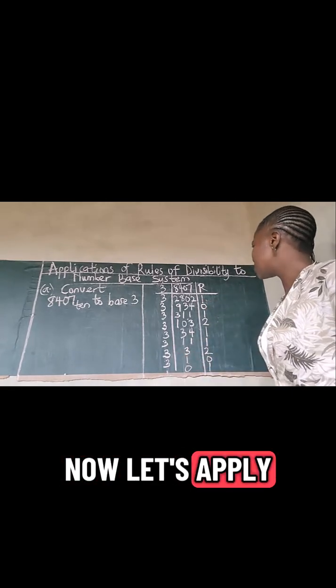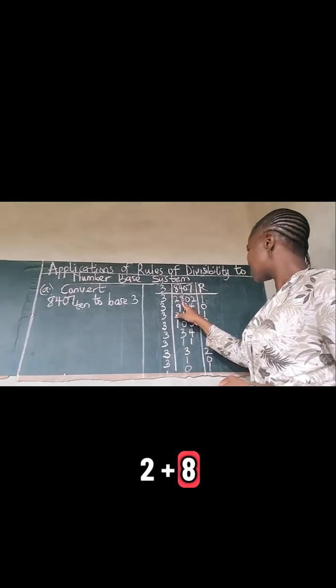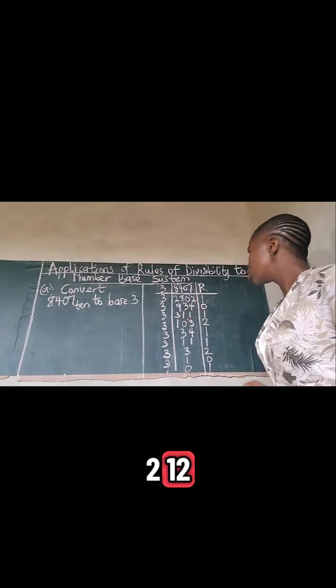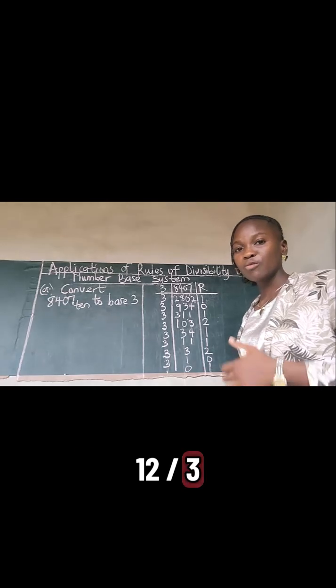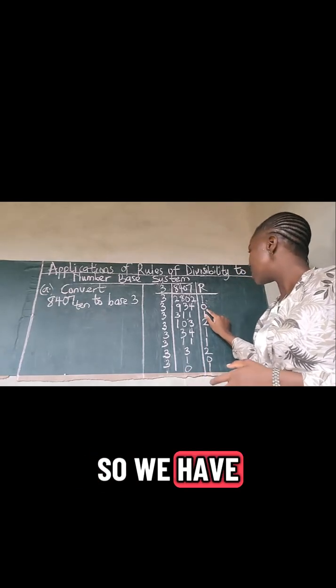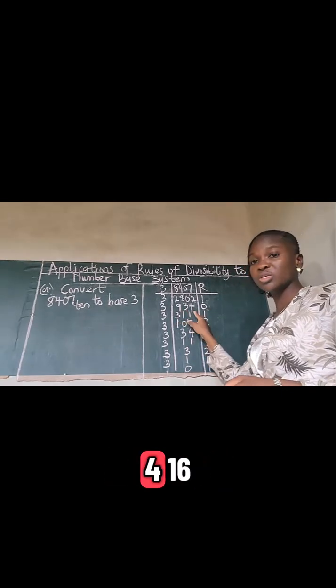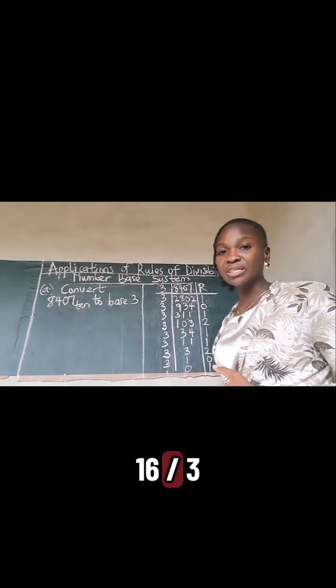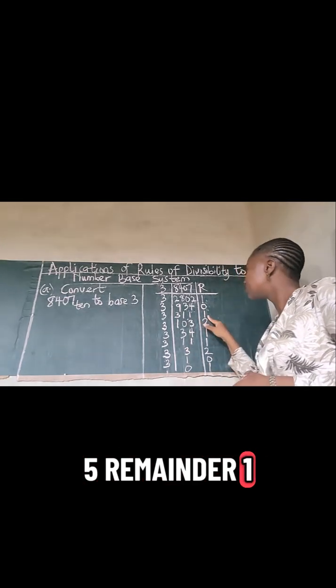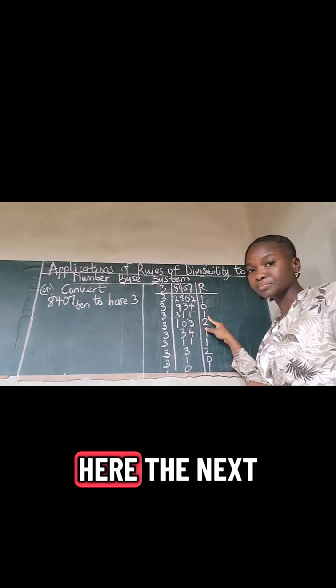Now, let's apply the same rule. 2 plus 8, 10. 10 plus 2, 12. 12 divided by 3, 4 remainder 0. So we have a remainder of 0. 9 plus 3, 12. 12 plus 4, 16. 16 divided by 3, 5 remainder 1. So you have your remainder 1 here.